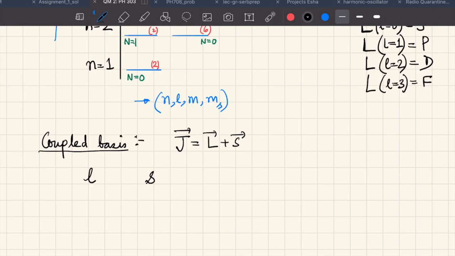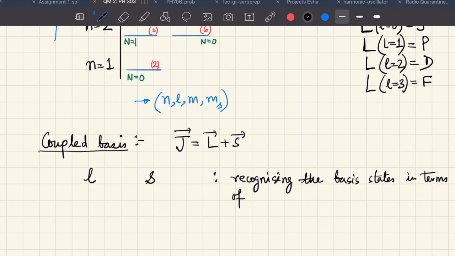So it is recognizing the basis states in terms of the eigenstates of the total angular momentum.